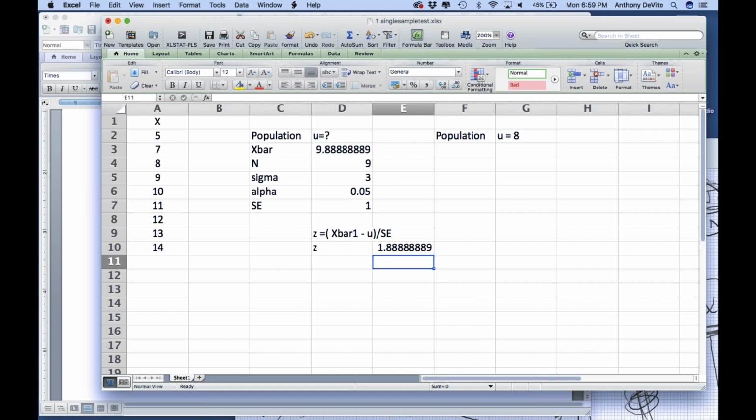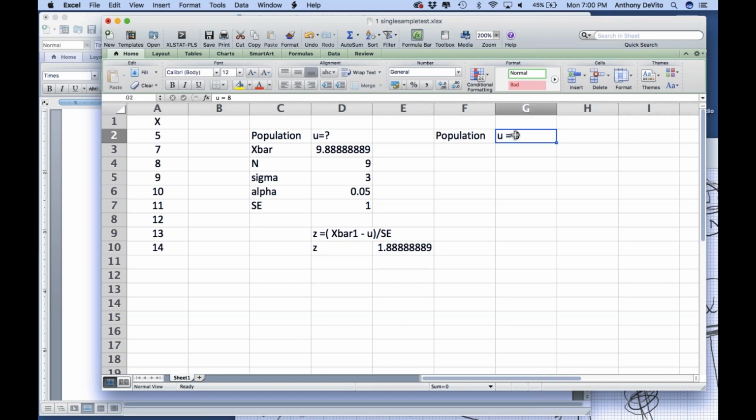Okay, and I get a z-score of 1.88. Now, what did I need that z-score to be in order to know that I'm enough standard errors apart to say that these two came from two different populations? I needed it to be 1.96 standard deviations apart.